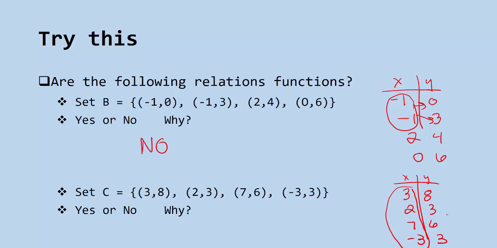Yes, there's two same y values on the right, but that's okay. But it's only the x's that need to be mapped 1 to 1. So I cannot have duplicate x's on the left of my table. In this case, it is a function because they're all individual and they're all mapped to their own number. So this is, yes, a function.